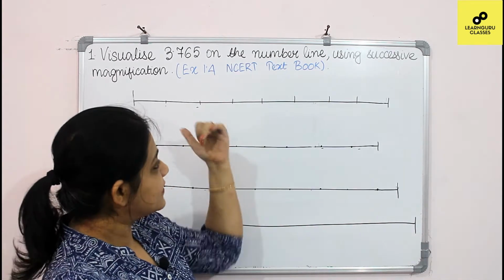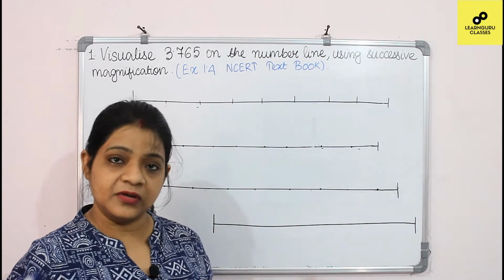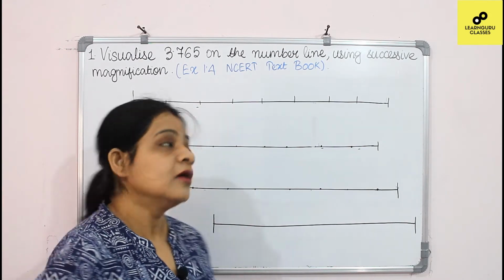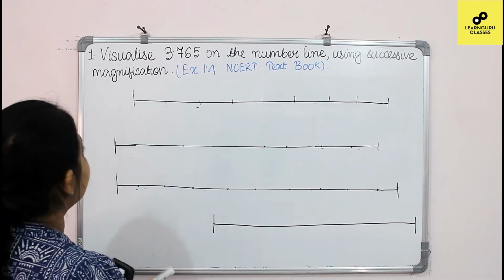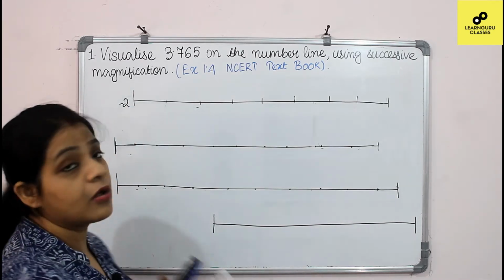Okay, so let's start. First of all, the general number line that we have, we represent integers on the number line, starting from -2. You can start from anywhere.